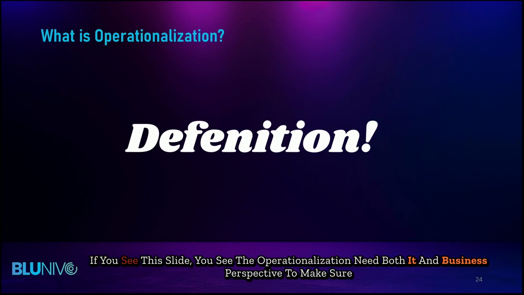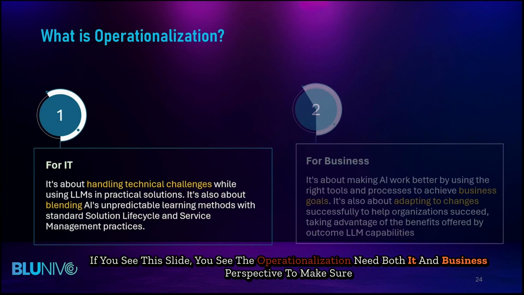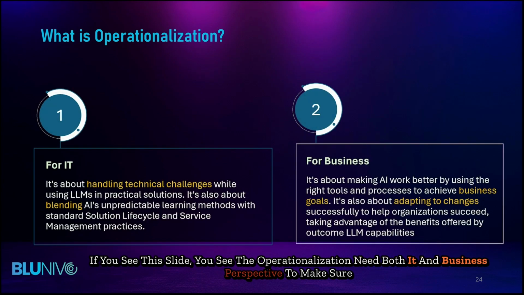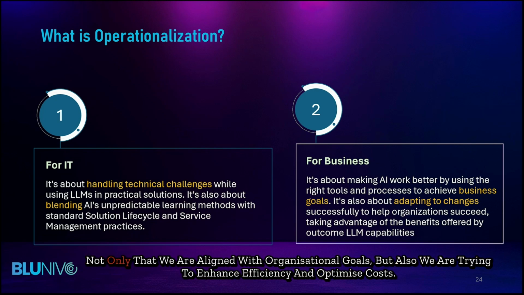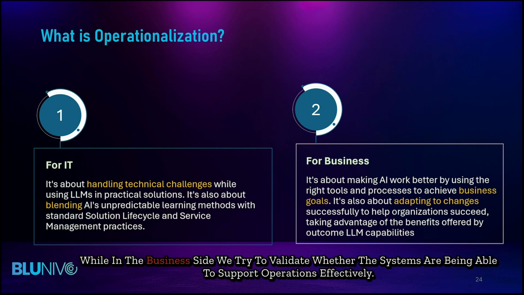If you see this slide, you see that operationalization needs both IT and business perspectives to make sure not only that we are aligned with organizational goals, but also that we are trying to enhance efficiency and optimize costs. So you see, again, IT focuses on performance and reliability, while on the business side, we try to validate whether the systems are able to support operations effectively.